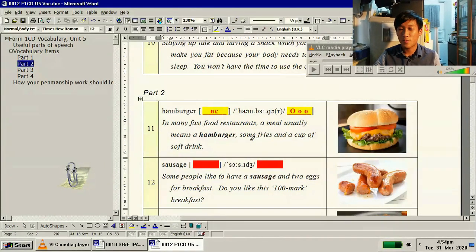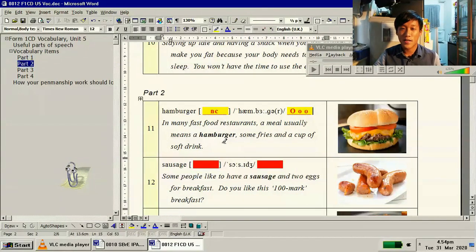So don't rely too much on the picture. You should focus more on the example. Now, in many fast food restaurants, such as McDonald's, a meal usually means what? It's a hamburger, some fries, and a cup of soft drink. For example, Coke. So it's easy to understand.